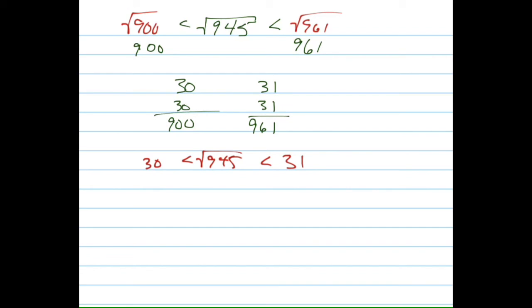Why is it closer to 31? What's 945 closer to? Is 945 closer to 900 or closer to 961? 961. So that means the square root of 945 has to be closer to the square root of 961. So the square root of 945 is close to 31. So the side lengths are approximately 31 inches.